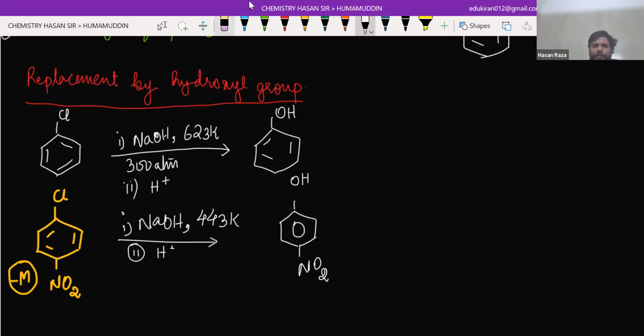And if you want to reduce the conditions more, you need to add more NO2 groups. Let me show you. In the first one, it is without NO2. In the second one, it is with one NO2. And in the third one, I am going to introduce two NO2, which will make this ring more and more reactive.